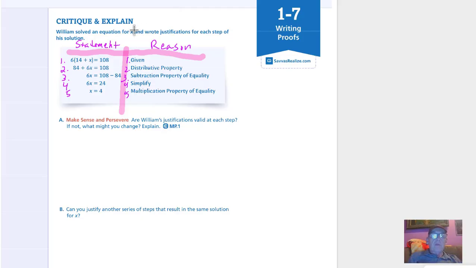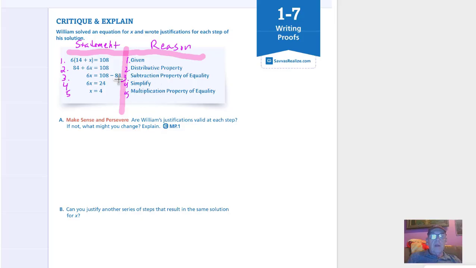So his problem was to solve 6 times the quantity 14 plus x is equal to 108. He used the distributive property first. He did 6 times 14 and 6 times x equal to 108. Then he subtracted 84 from both sides.